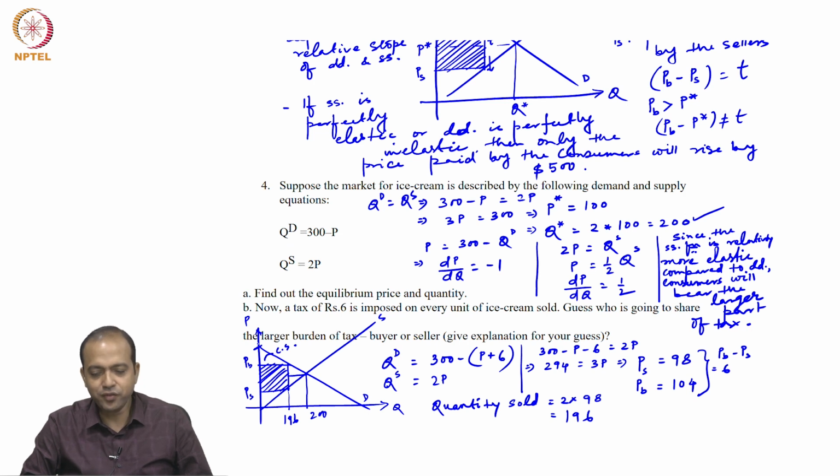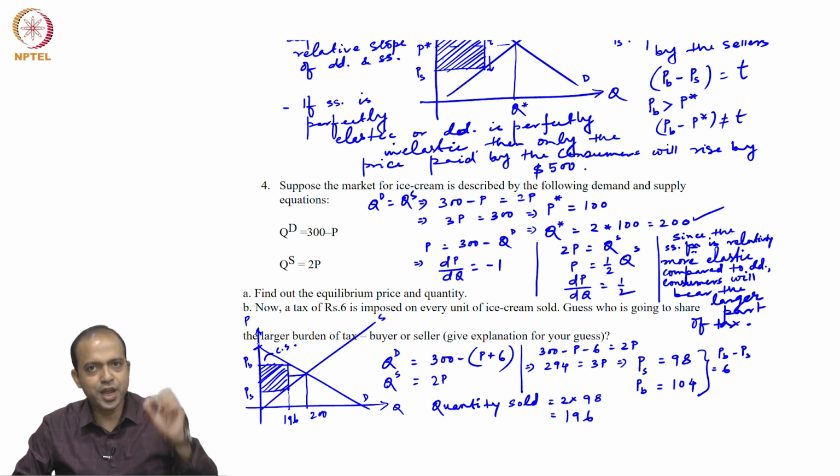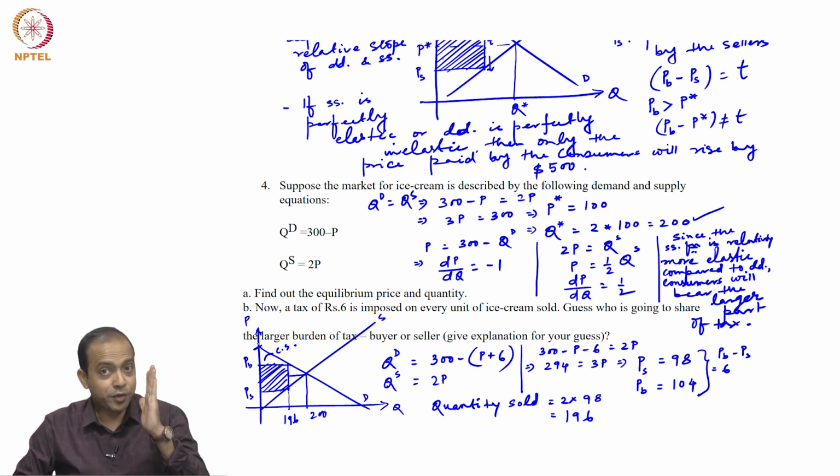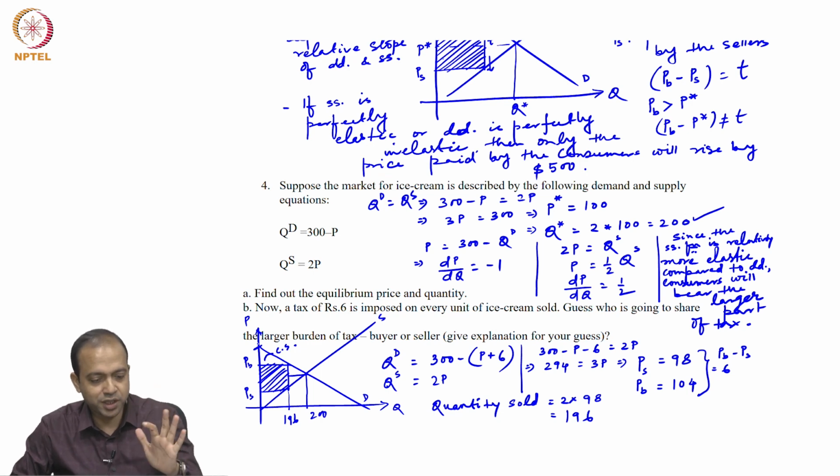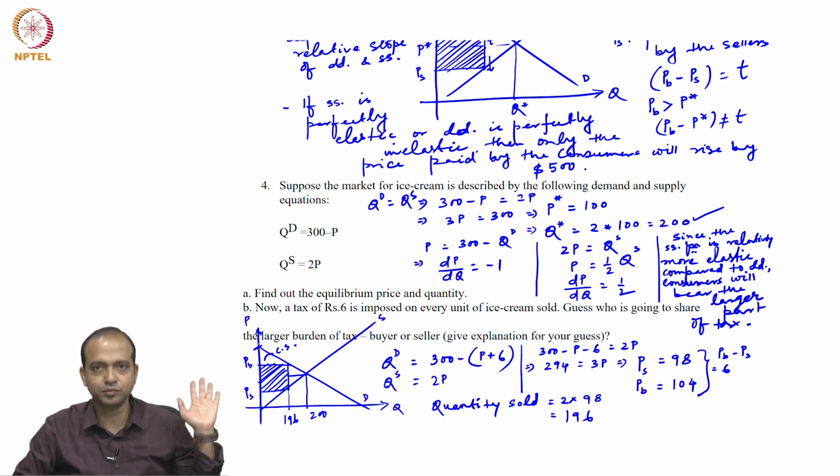Now, from the demand function, how do you get the y intercept? Please keep in mind one important thing that I am discussing here. The y intercept of the demand function shows the price at which quantity demand is 0. This is called choked price.